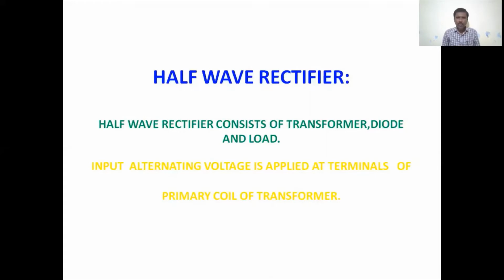The input alternating voltage is applied at the terminals of the primary coil of the transformer. The transformer consists of a primary coil as well as a secondary coil, so at the terminals of the primary coil we can input the alternating voltage.